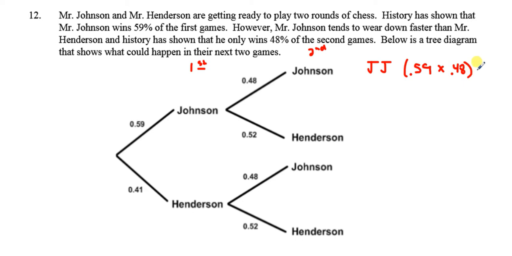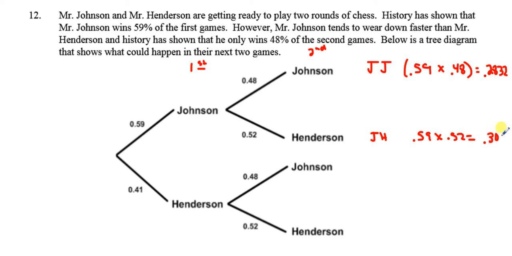And that's 0.2832. And I'm using 4 decimals just to show you that it all adds up to 100%. Johnson, Henderson. No, this should be probability of Johnson, it's 0.59 times 0.52, which equals 0.3068.